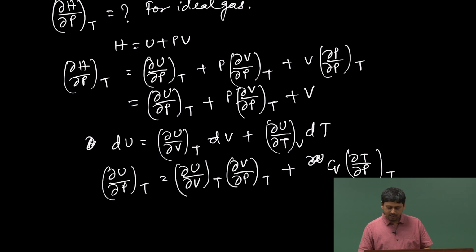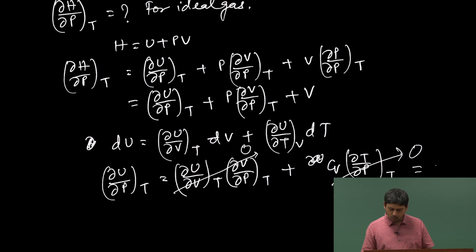Okay. So, here is the interesting thing that comes when I do the derivation. You see that del U by del V T we already know to be 0, right. So, therefore, the whole term is going to be 0. And del T by del P at a constant T is what? 0, right, because we are trying to take a derivative of temperature at a constant temperature.